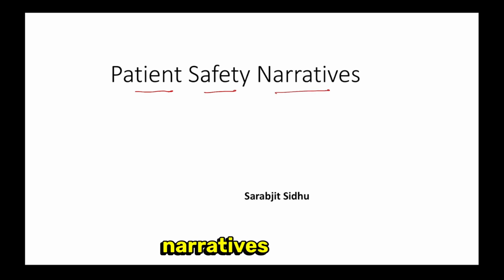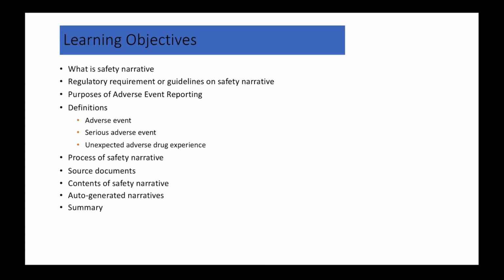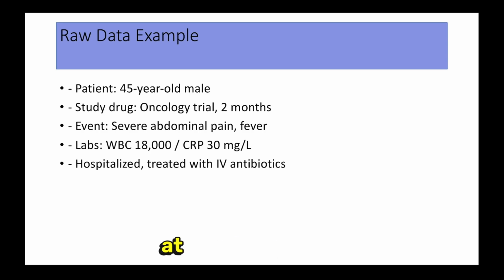So, narratives means the story of any event. Basically, a patient safety narrative is when you are telling the story of any AE or SAE or ADRs, right? So now look at this raw data.